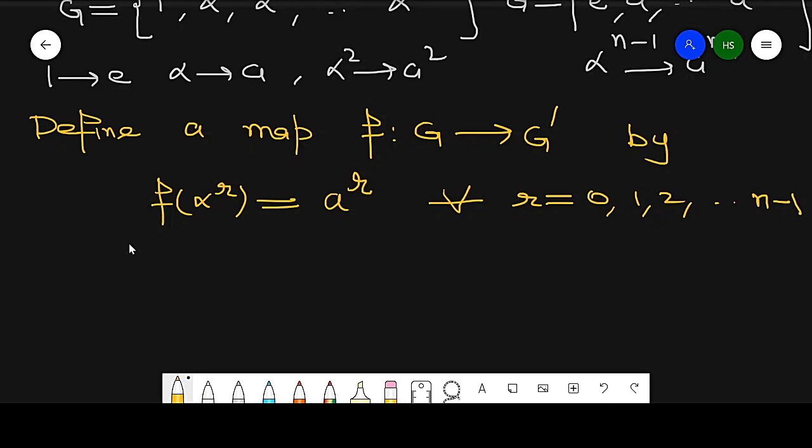Then prove that this mapping is a homomorphism, one-one as well as onto. If it is one-one and onto, then it implies G is isomorphic to G dash. So in this way, do it yourself. This is the idea regarding this question. So G is isomorphic to G dash.